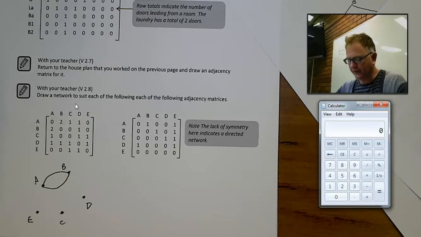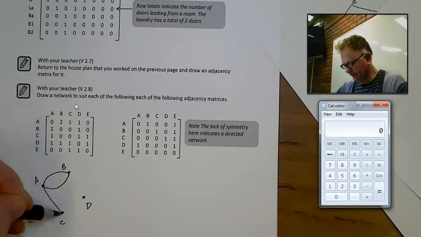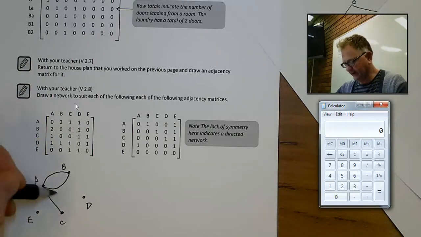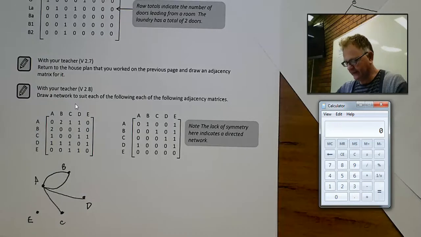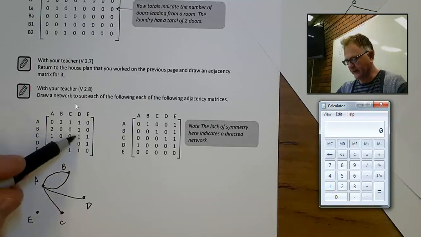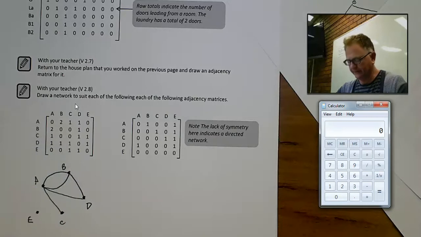That'll work itself out. From A to C there is an edge. From A to D there is an edge, but that's all from A. From B there is 2 to A, we've already done that, and there is 1 to D, but no others.